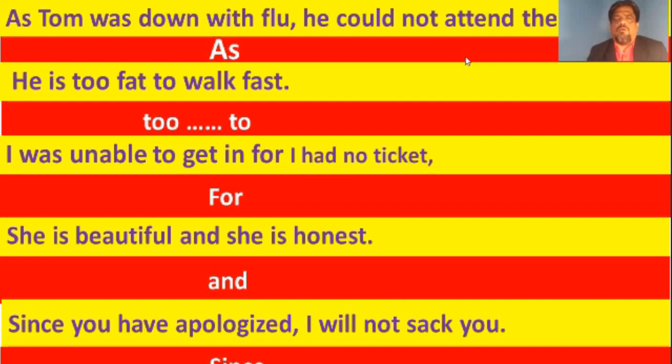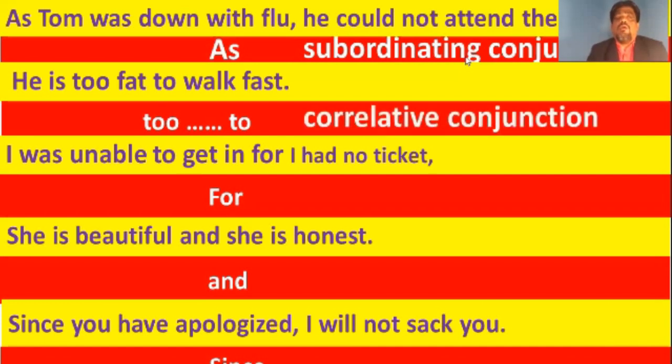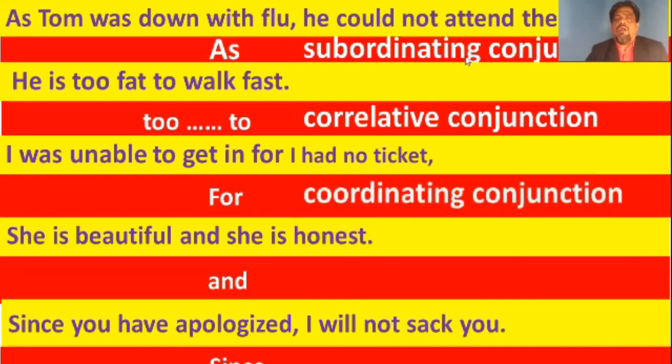Since it is not coordinating and not correlative, it is definitely a subordinating conjunction. The next one, "to". We already noticed that it is a paired conjunction. Therefore, it is a correlative conjunction. And the third one, yeah, it comes under the fanboys conjunctions.